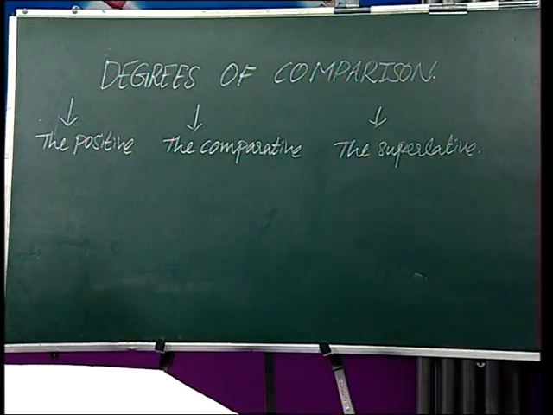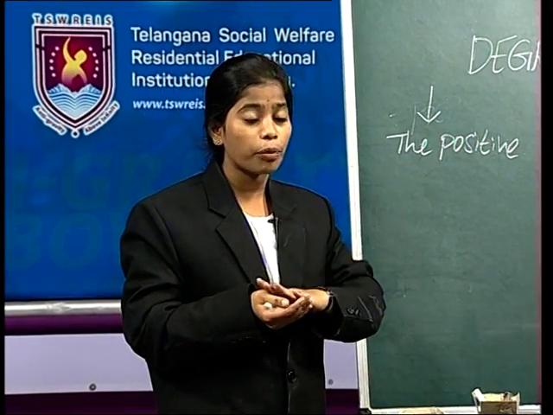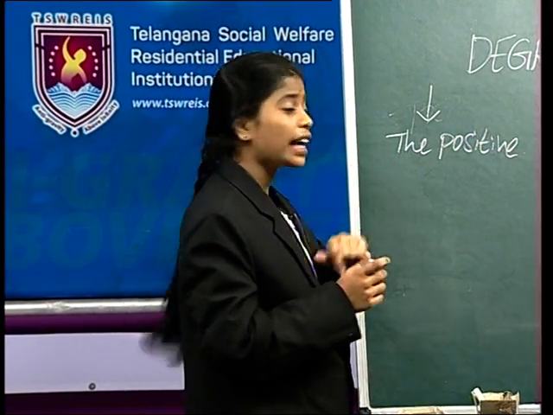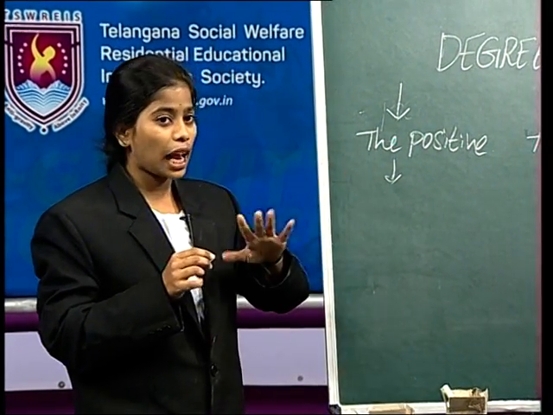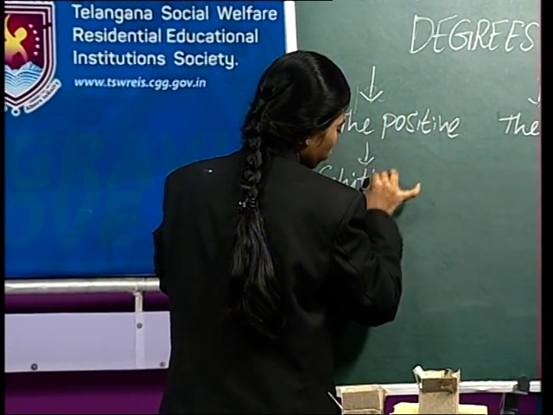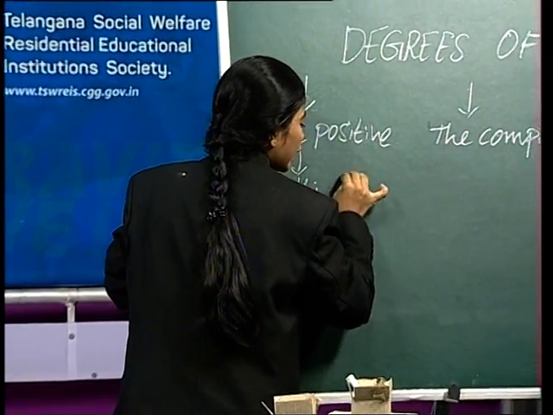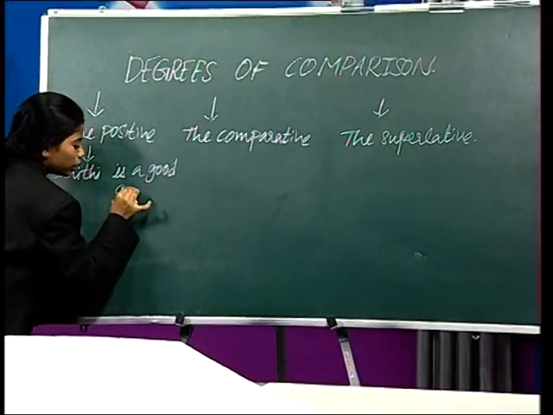So let us discuss the positive form. The positive form of the adjective describes only one noun. Let us take an example for the positive form. Example: Sahiti is a good girl.